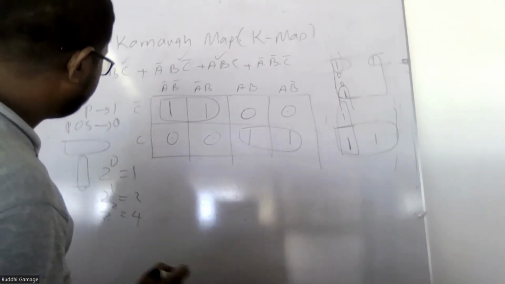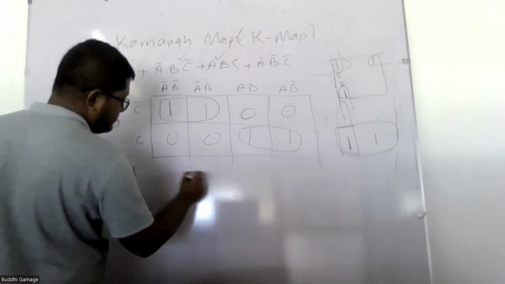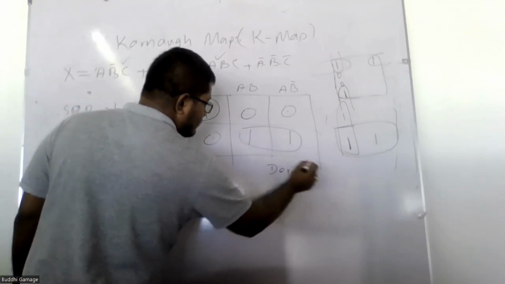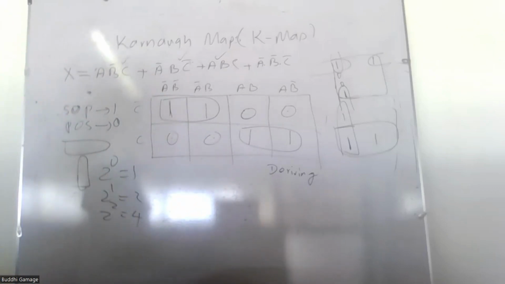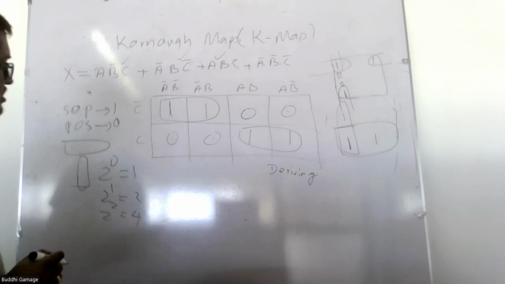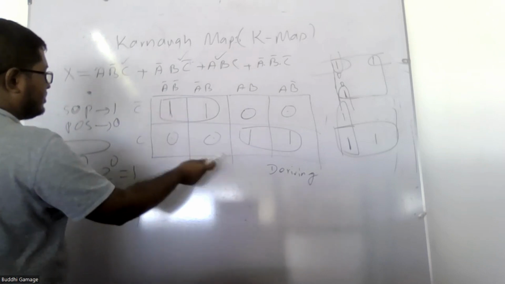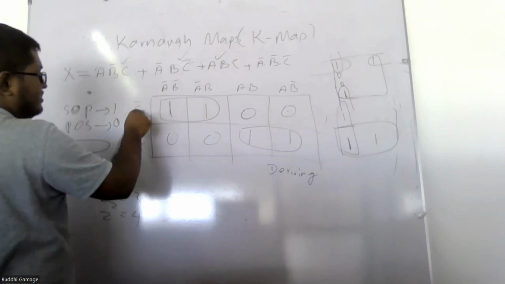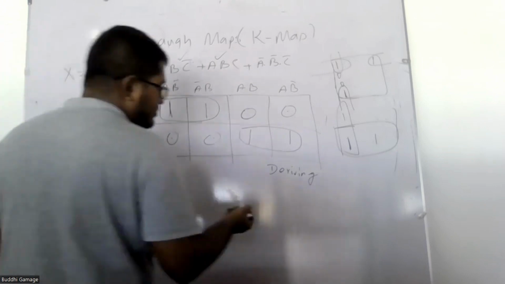So when deriving, you only need to write the unchanged variables. So here we have used sum of product. So here what is the unchanged variable? It is E bar and A bar.